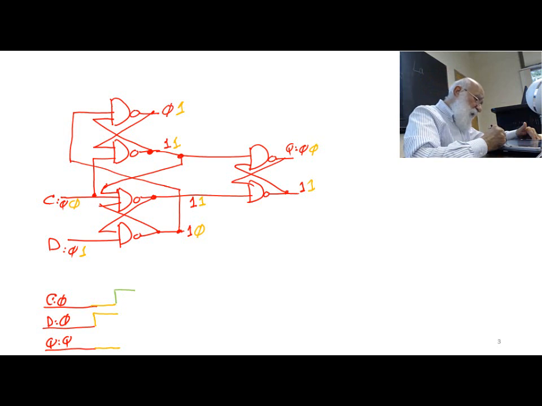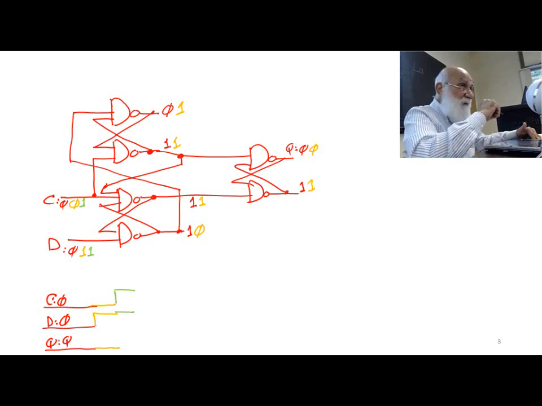Okay, D remains at 1, and let's see what happens to Q. So C becomes 1, this remains 1. Now C has had an event, so let's see what the event follows.